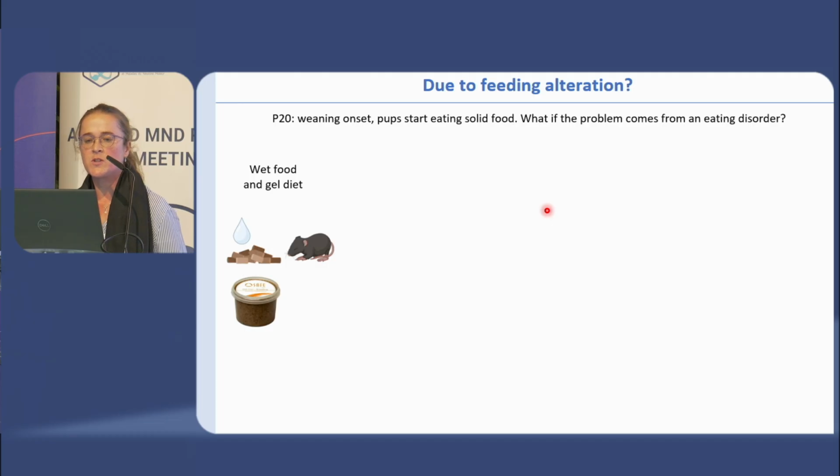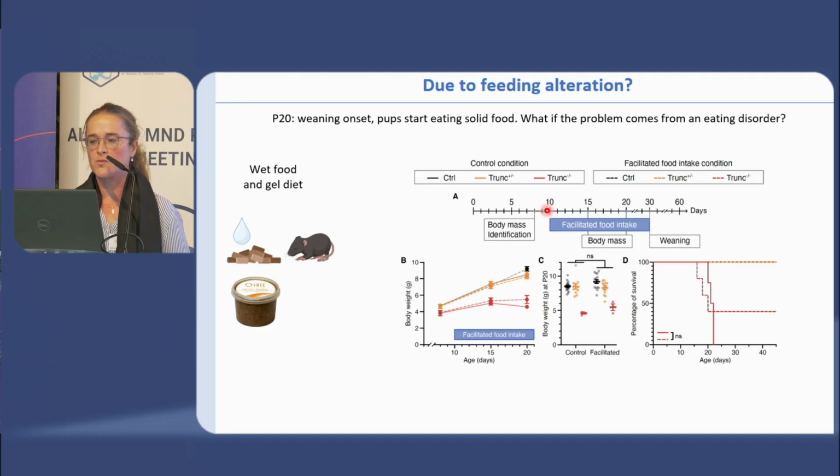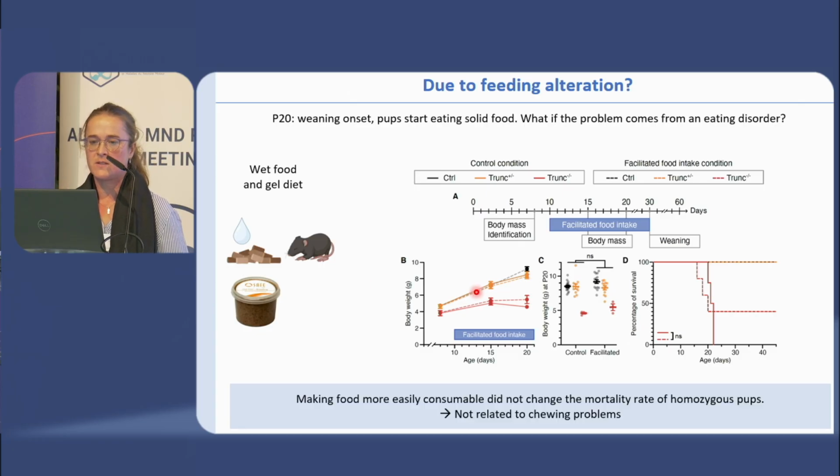To answer this question, we decided to propose two conditions, the normal one and one in which the mice have access to facilitated food intake. So we proposed a wet food or gel diet food. But doing that, as you can see there in red, it didn't change the dramatic loss of weight in our homozygous mice.